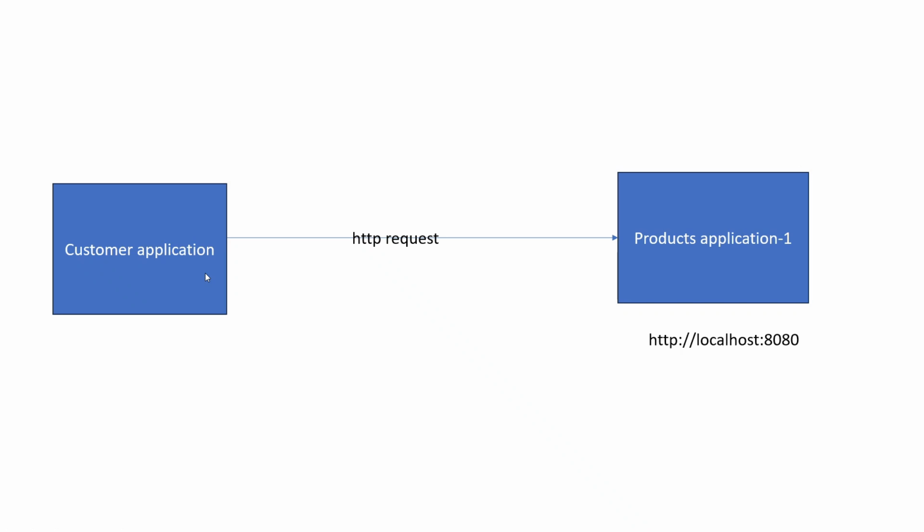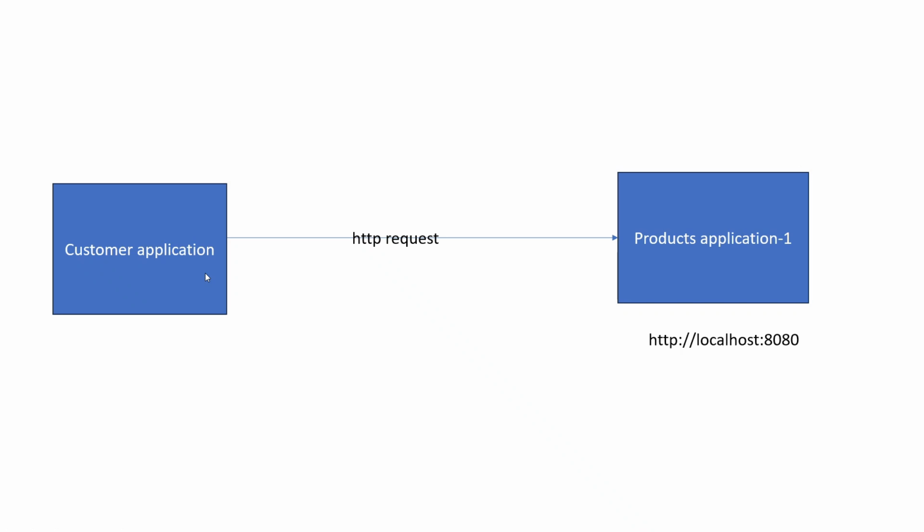So in order to send the request to the product service app, here comes the question, what if there is a load increase on the product service? Let's say, for example, in the product service application, there is a peak load. If there is a peak load increase on the products application, what do we need to do?